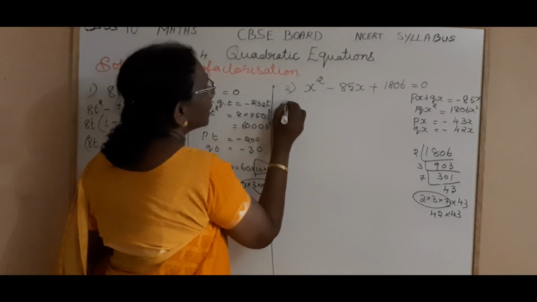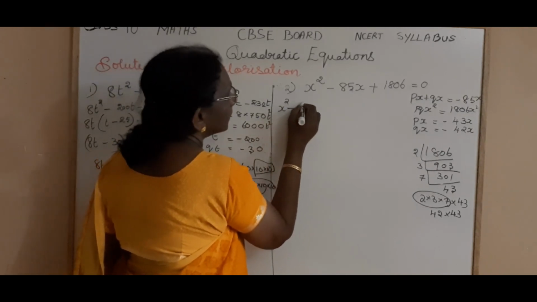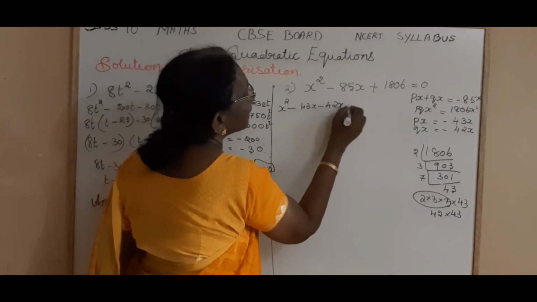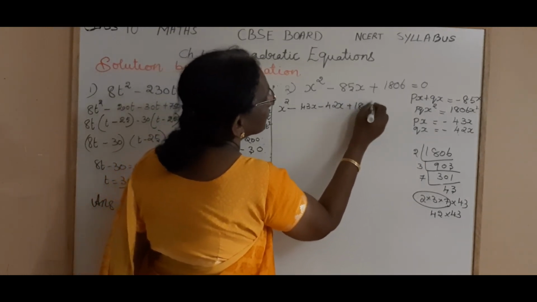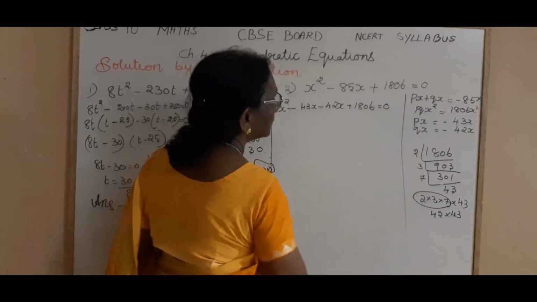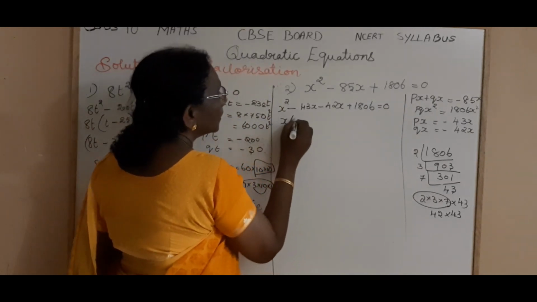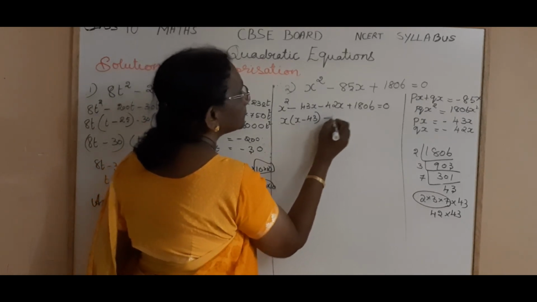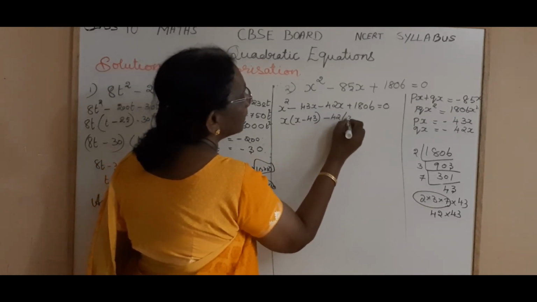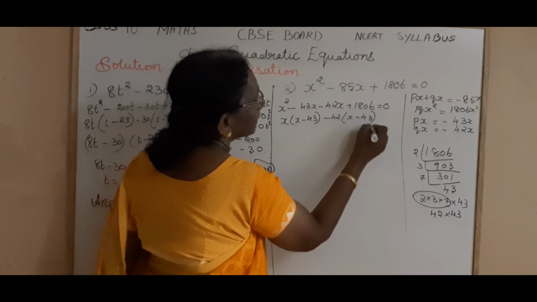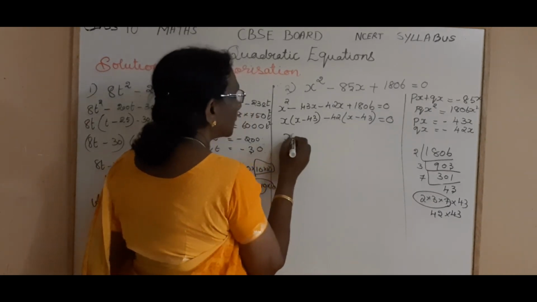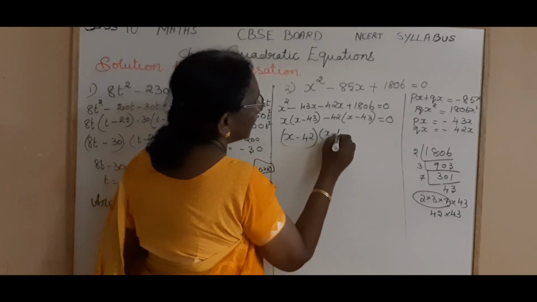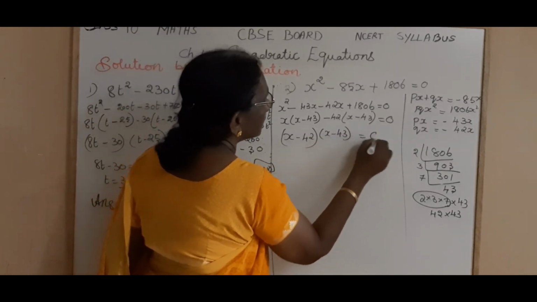Okay. So x squared minus 43x minus 42x plus 1806 is equal to 0. So x into x minus 43 minus 42 into x minus 43 equals 0. So x minus 42 into x minus 43 equals 0.